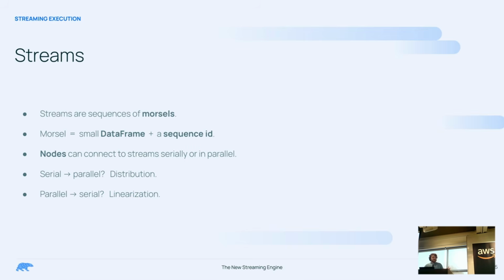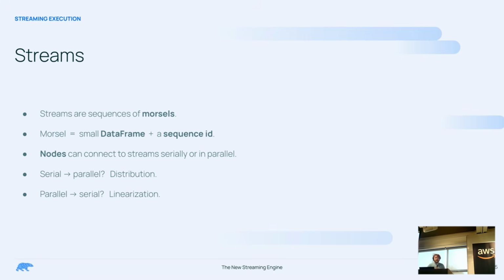So data flows, this is a bit more technical detail for those who are interested. Data flows through the streaming engine in what we call streams. Streams are sequences of morsels, and morsels are essentially just a small data frame with a sequence ID.